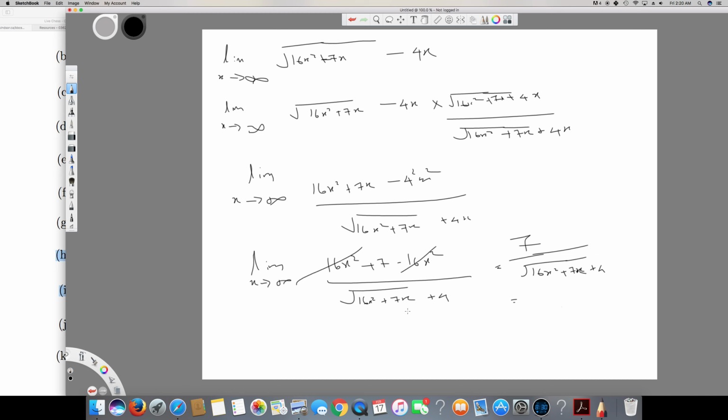So that's what we have to do. We have to divide it by the highest power.